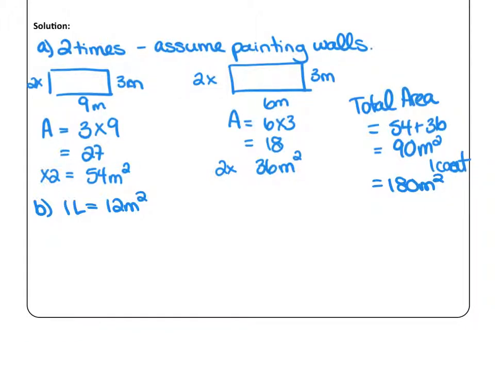So I'm just going to take my total area and divide it by 12. 180 divided by 12 gives me 15 liters.